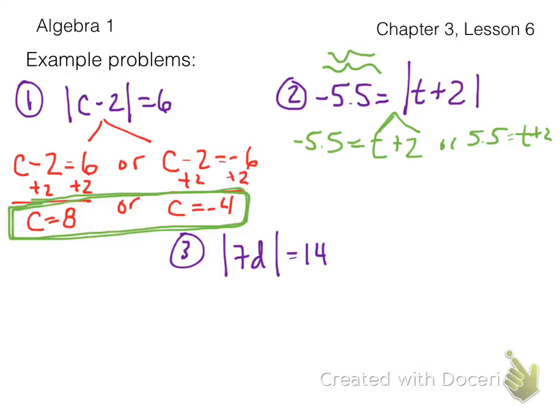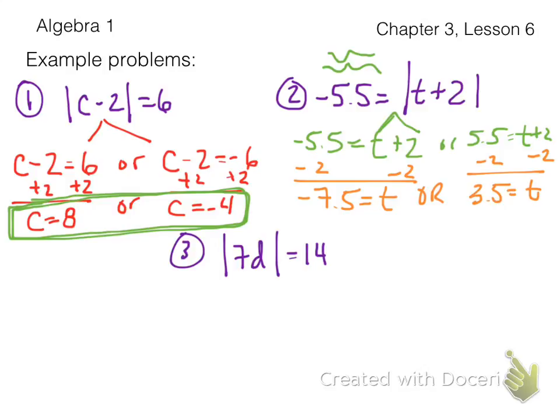So since this was negative already, I need to take the opposite of that, which would be the positive 5.5. So now if I subtract 2 on both sides, this one's going to give me negative 7.5 equals t, or minus 2, that's what, 3.5 equals t. So those are the two answers that work.